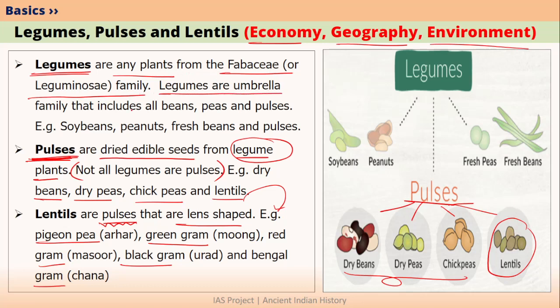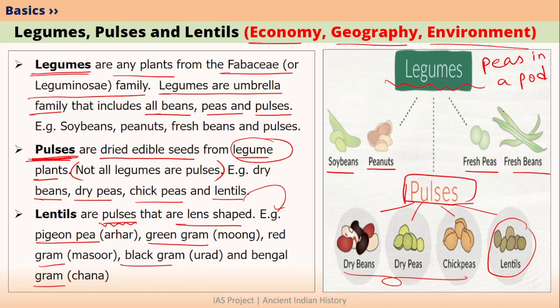Legumes are basically the umbrella family that includes all the beans, peas and pulses. So if you see here, in legumes, we have soybeans, peanuts, fresh peas, fresh beans as well as pulses. Legumes are also sometimes called peas in a pod. What do we mean by this? For example, if you look at fresh beans here, in Hindi, we call this chilka, right?